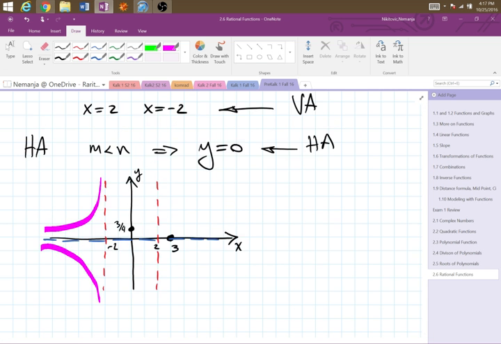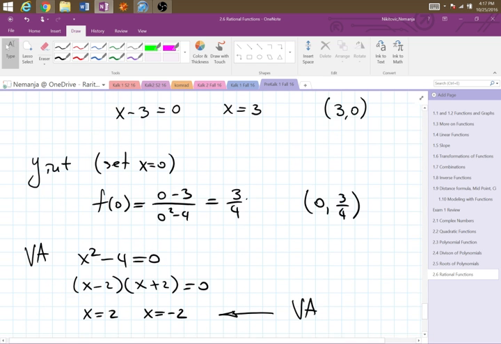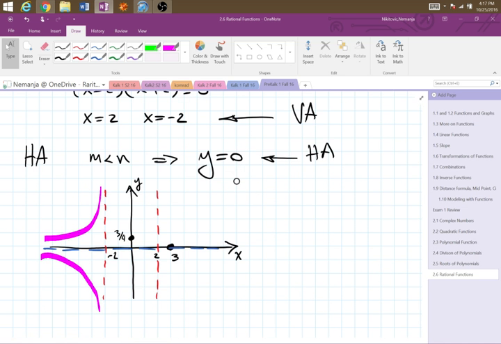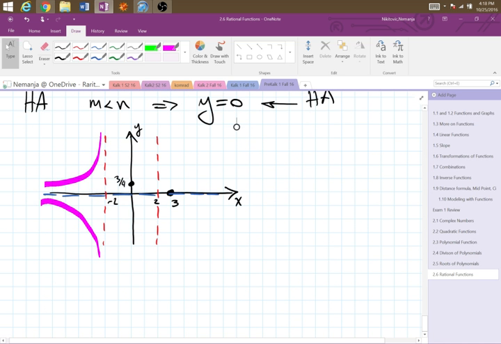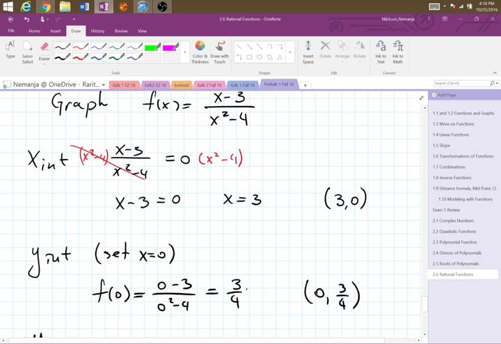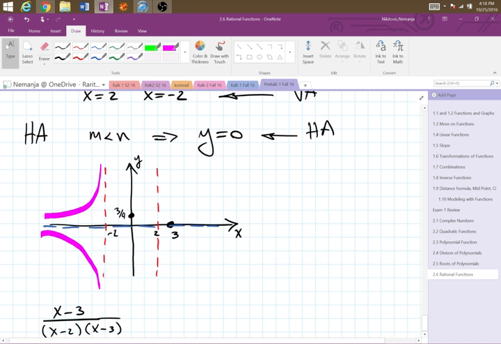So our function is x minus 3 divided by, no, it's x squared minus 4.